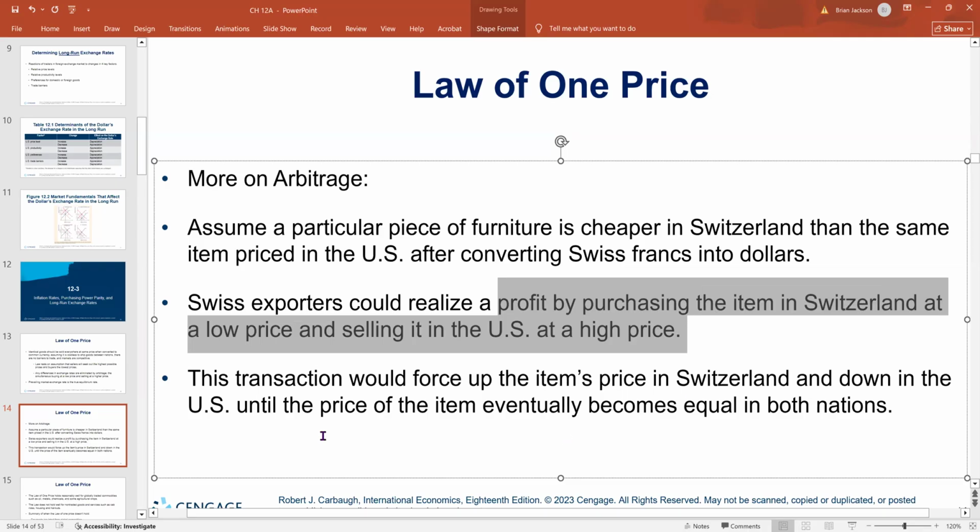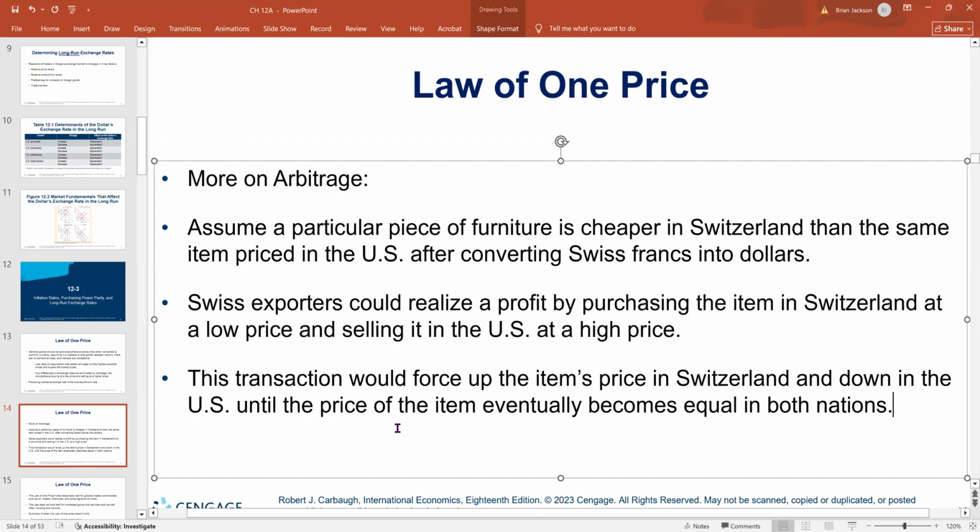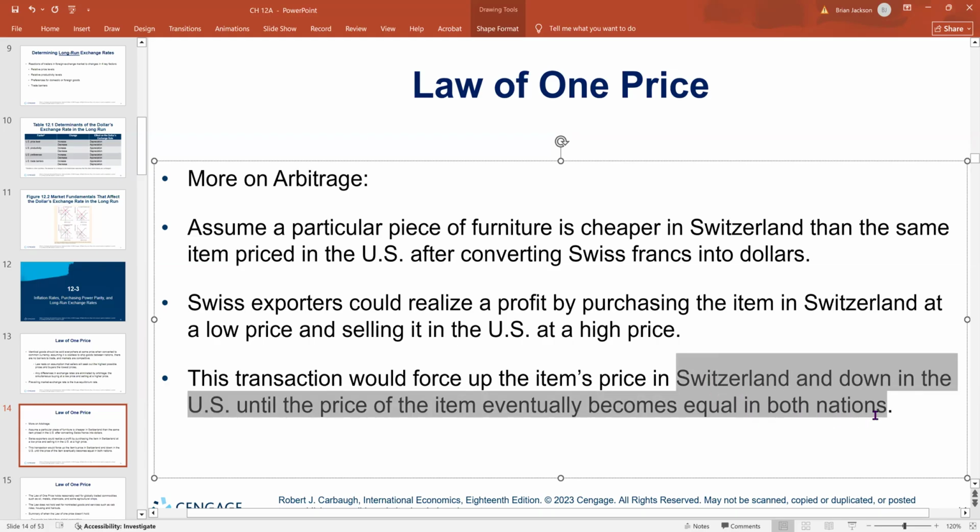There'd be a profit there on the table if there were no costs associated with shipping the item and so forth. This transaction, though, would force up the item's price in Switzerland and down in the United States until the price of the item eventually becomes equal in both nations.